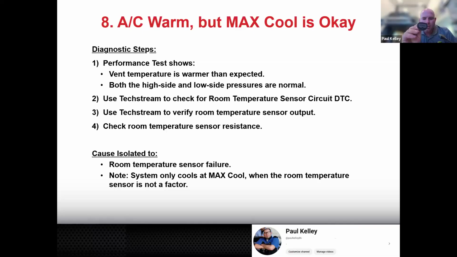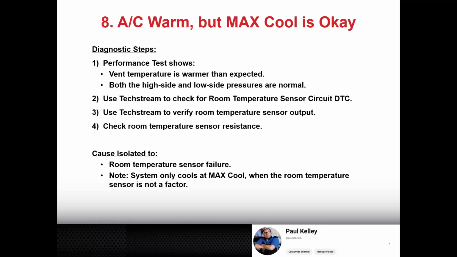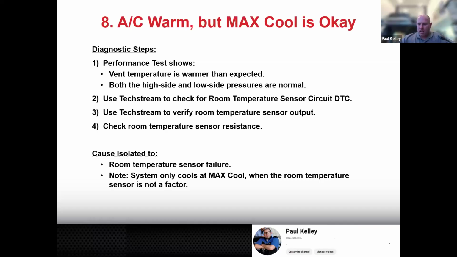So if I use my thermometer and the thermometer says 65, what should it read on live data? 65. Thereabouts, exactly. And if it doesn't, then that's when we'd a lot of times change over to measuring the actual thermistor and comparing that to what TIS says for a given temperature, right?